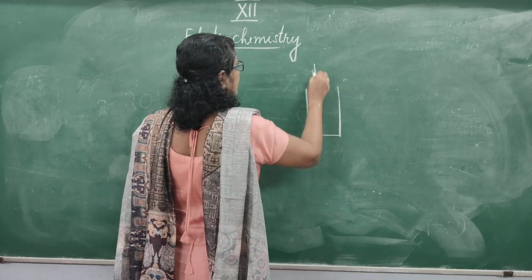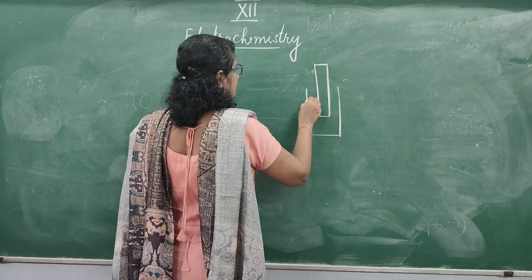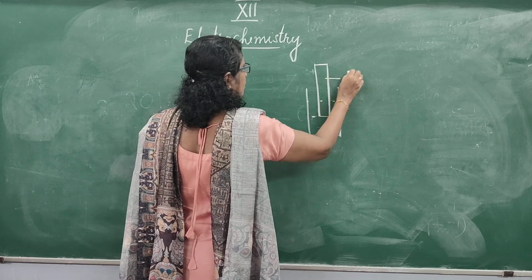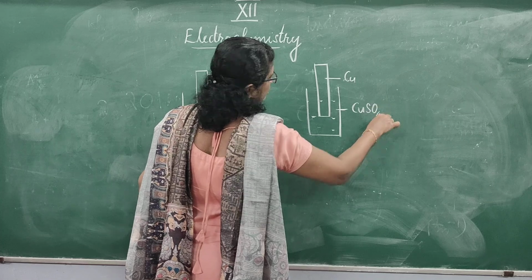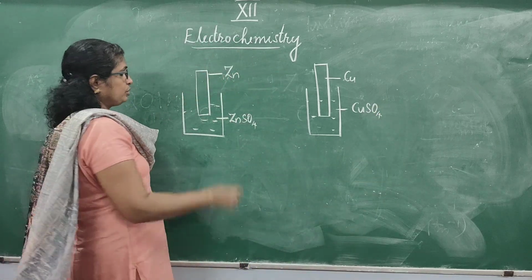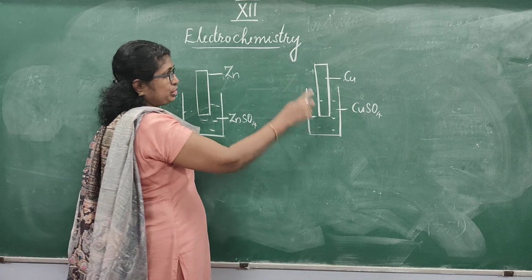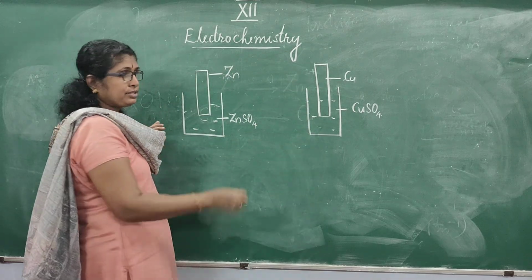So the zinc rod is dipped in zinc sulfate solution and the copper rod is dipped in copper sulfate solution.